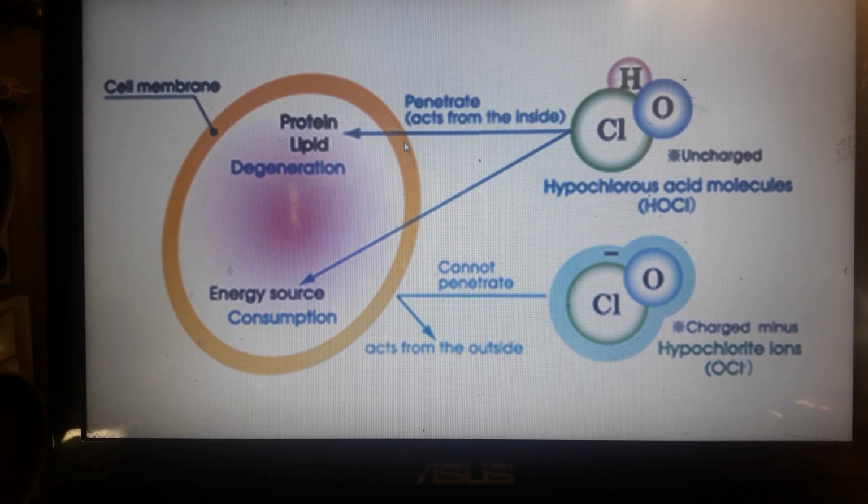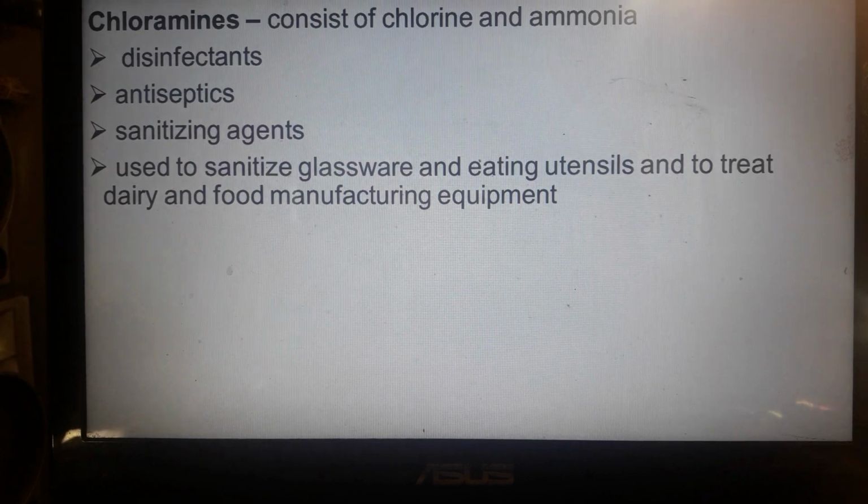When hypochlorous acid enters the cytoplasm, it affects protein and lipid degeneration or the synthesis of proteins. It tends to bind with amino acids, and it also affects the energy resource consumption of the cells. So this is the mechanism of the chlorine ion.